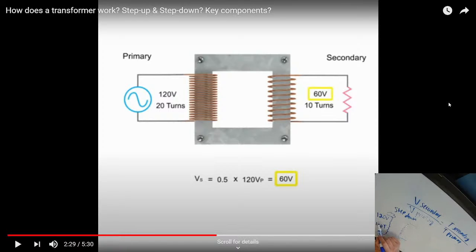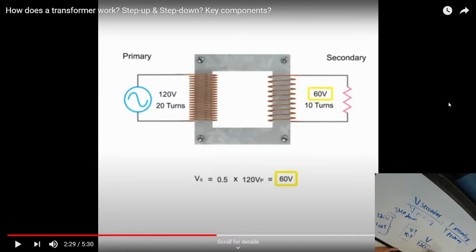So we got 120 volt, 40 turn. Let's do a 40 to a 10 turn. How about that? So this is a step down transformer because we're going from 40 turns to 10 turns, right? So now we need to know our voltage. We don't know the secondary voltage yet, so we're just going to put V over voltage of our primary, 120.